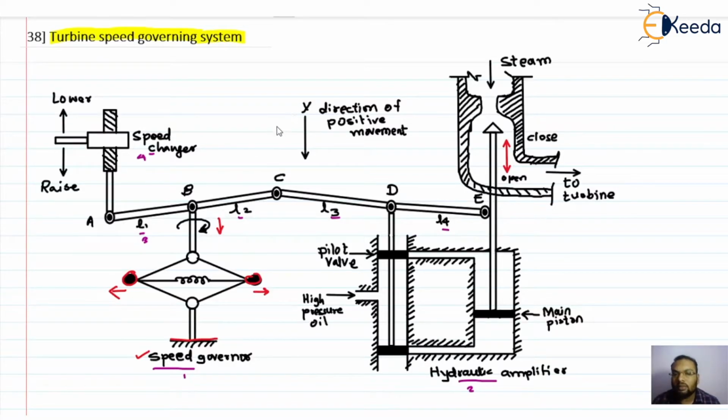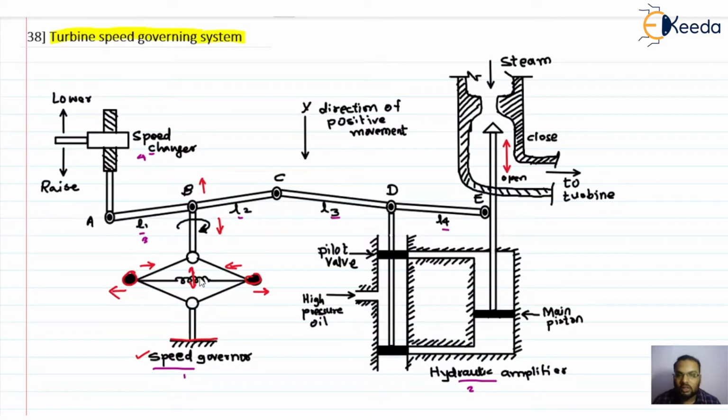The inverse is also possible. Suppose the speed of the shaft decreases, then these balls will move inward. As they move inward, this distance increases, so due to the increase in this distance, the point B will move upward. So we can say that it is sensing the changes in the speed of the alternator.